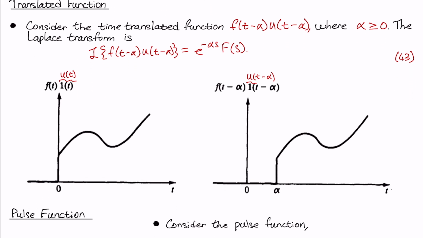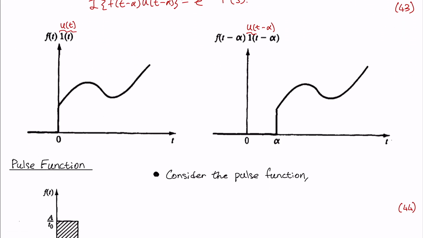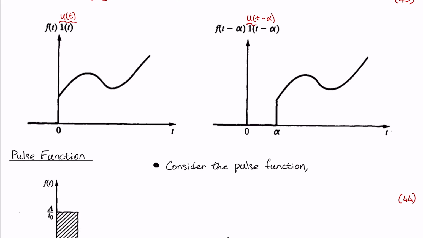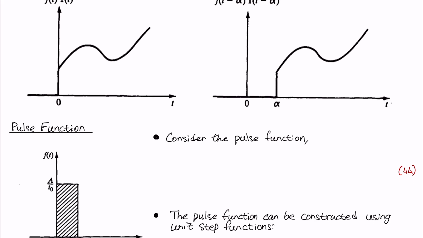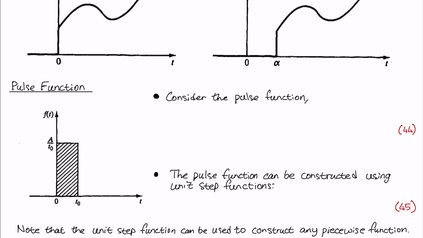All right, so we're going to move on to what is known as the pulse function. This pulse function is a finite duration pulse with some finite amplitude. We'll see why that matters in a moment.